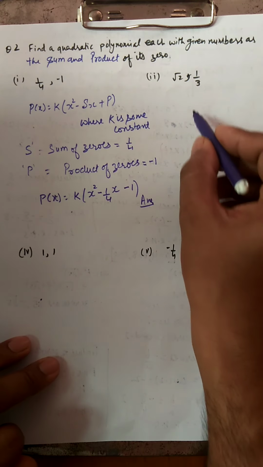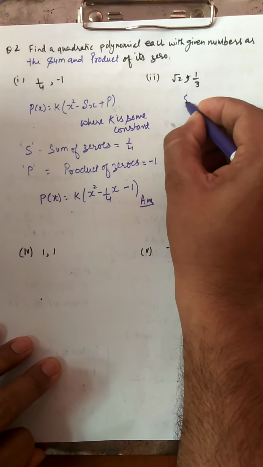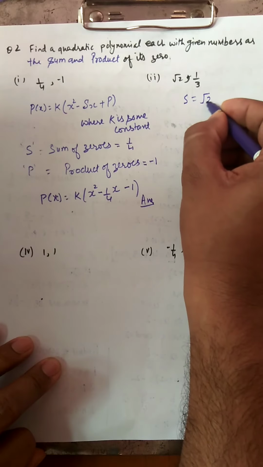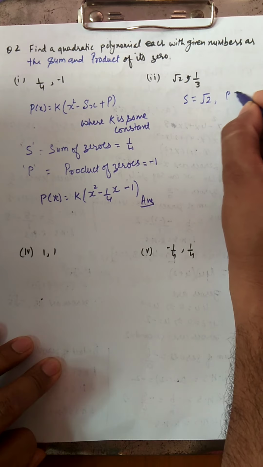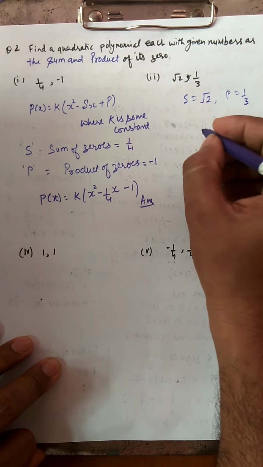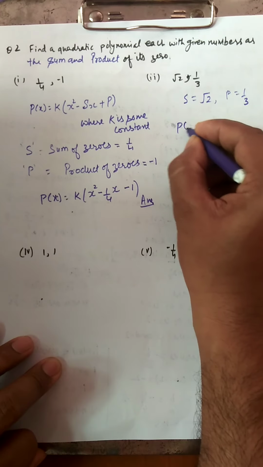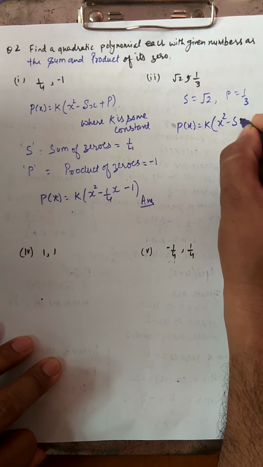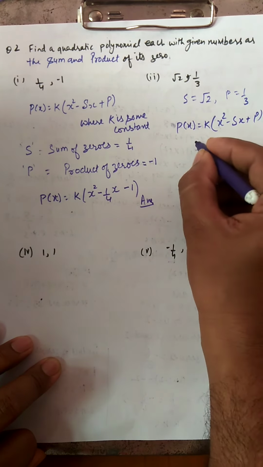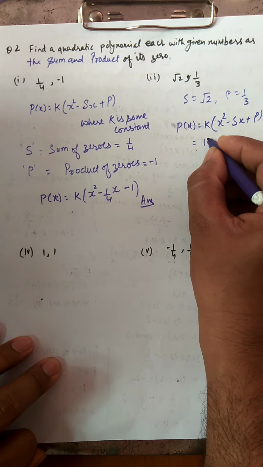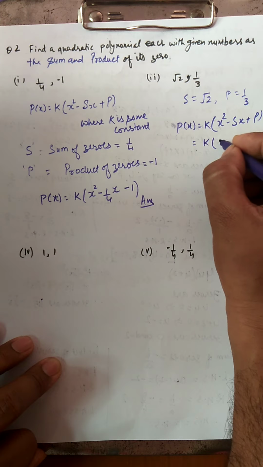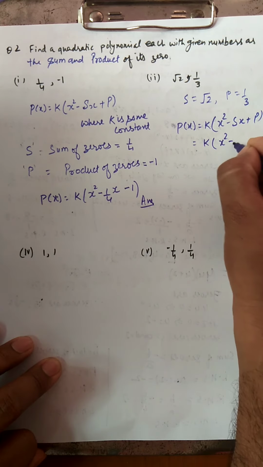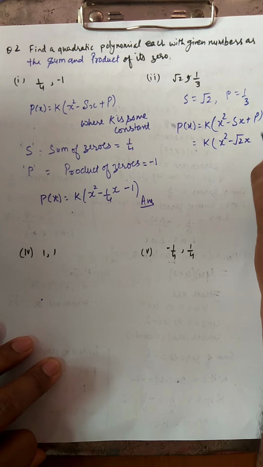Now part 2, you see this s is given as root 2 and this p is given as 1 upon 3. So you can write the polynomial p(x) as k(x² − sx + p). So k remains k as it is, x², s is root 2, so this is root 2 x, and p is 1 by 3.